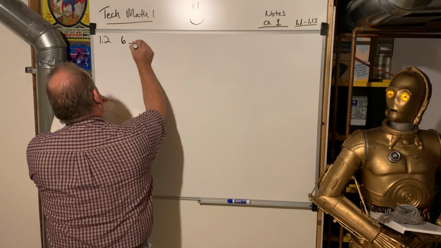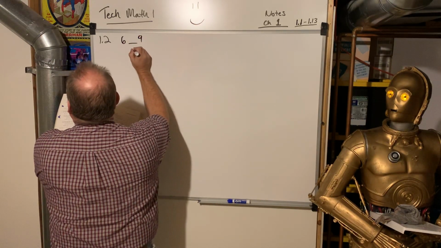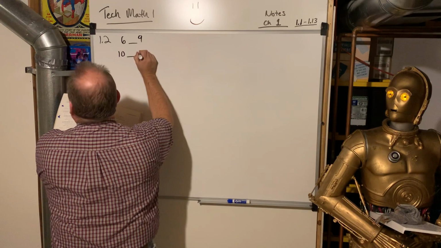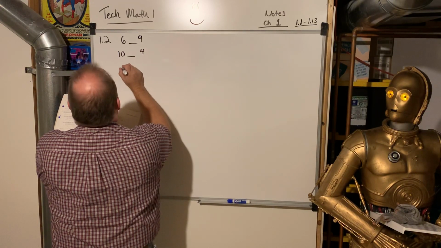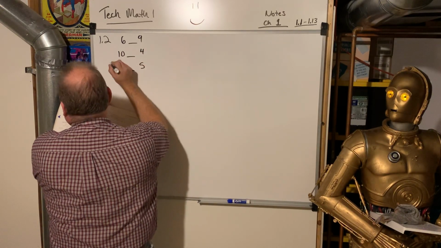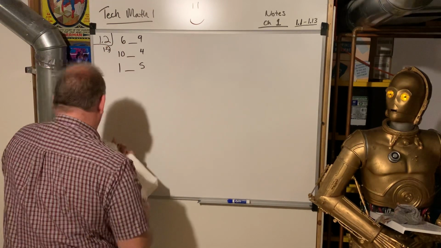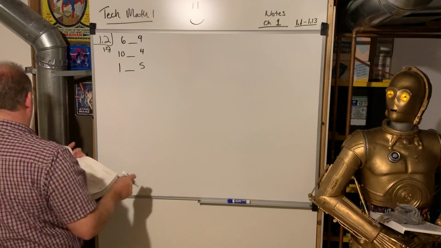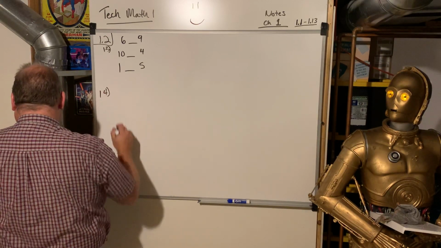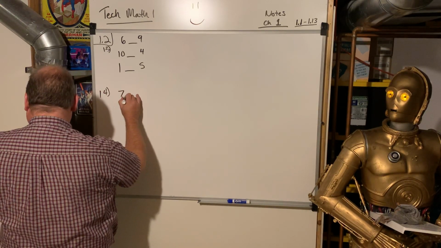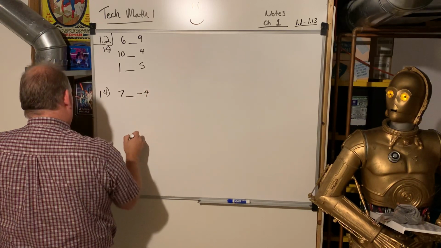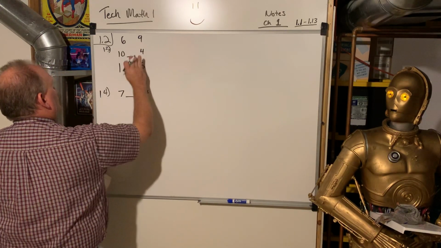So 6 compared to 9, and 10 compared to 4, and 1 compared to 5. This is number 13, 1.2. And then 14, a bunch more comparisons here. 7 compared to negative 4.